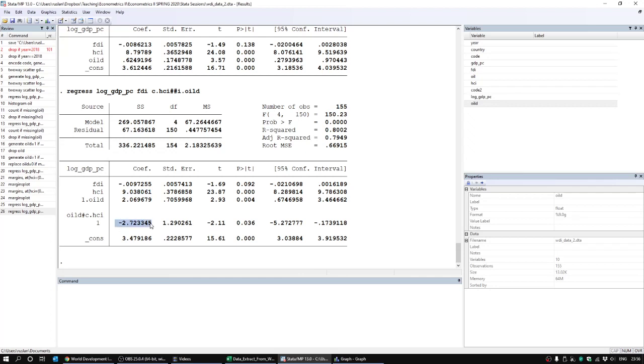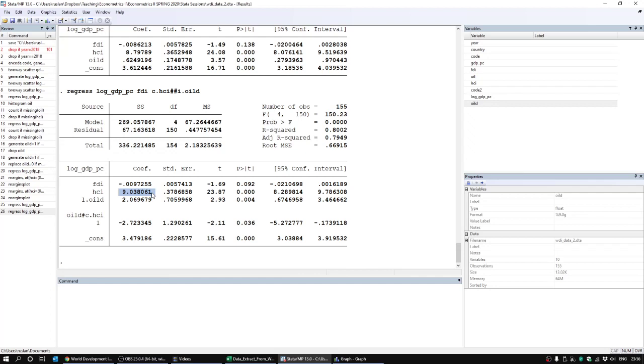So even without producing the graph, what can you tell? The starting point for oil-rich countries will be above that of oil-poor countries. This is the starting point, I mean the intercept. But here delta 1 hat is negative. Human capital index will have this effect on GDP per capita in resource-poor countries.